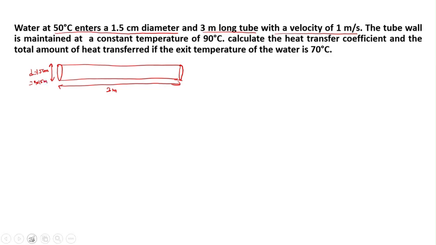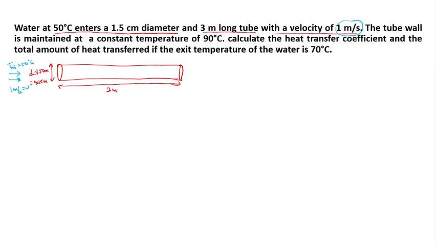Here the water enters at 50 degrees Celsius, that is Tmi, the inlet condition, equal to 50 degrees Celsius. The velocity is 1 meter per second, which is equal to u.